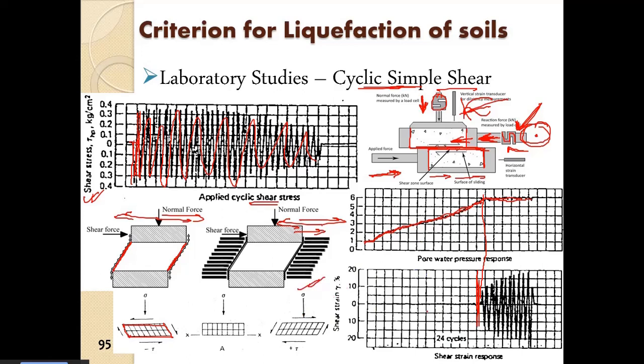Up to a number of cycles there was no deformation. This is a total of 24 cycles, that means the sample liquefied after 24 cycles. This is Monterey sand. It was done by Seed and Peacock.